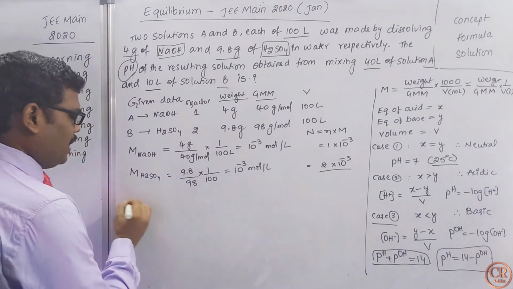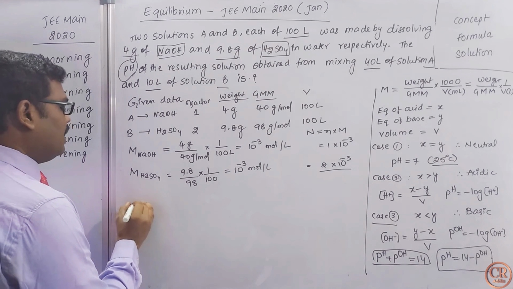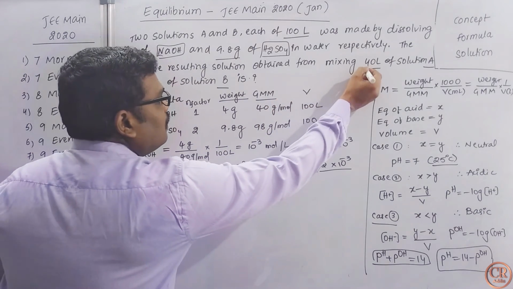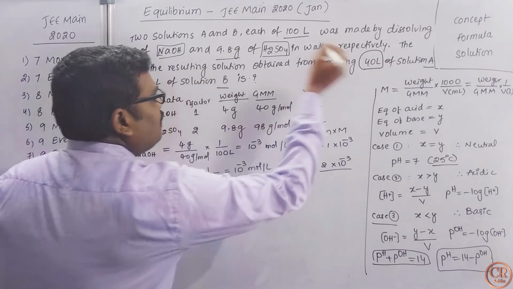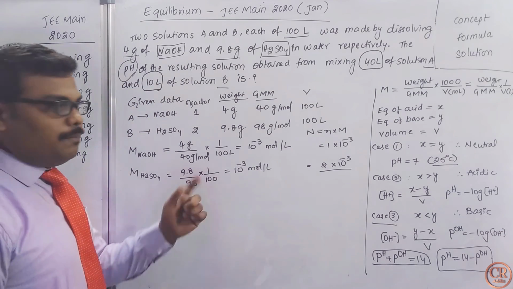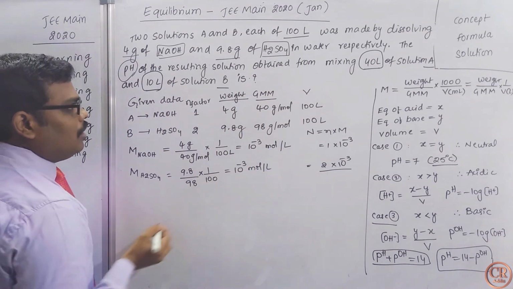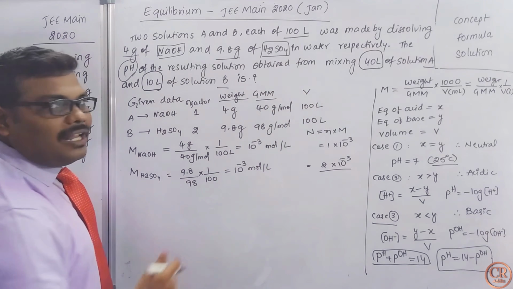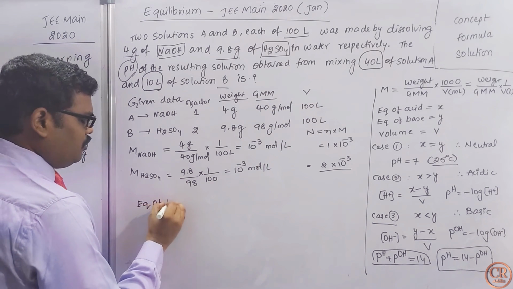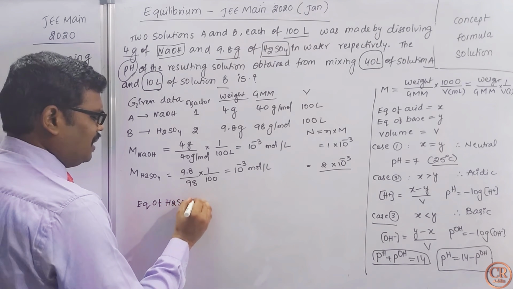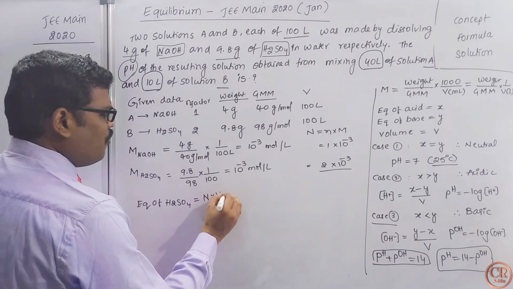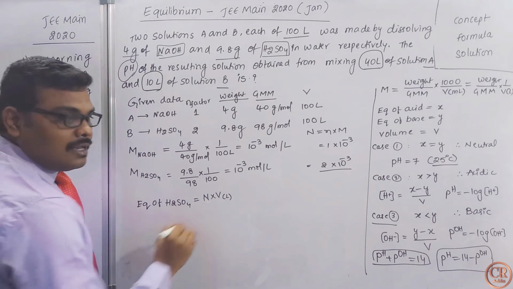After that I have to calculate equivalents. But before we calculate equivalents, first we should understand how many liters of A is mixed with how many liters of B. See here, the volume of A solution is 40 liters. So here the equivalents of H2SO4 is equal to normality into volume in liters.